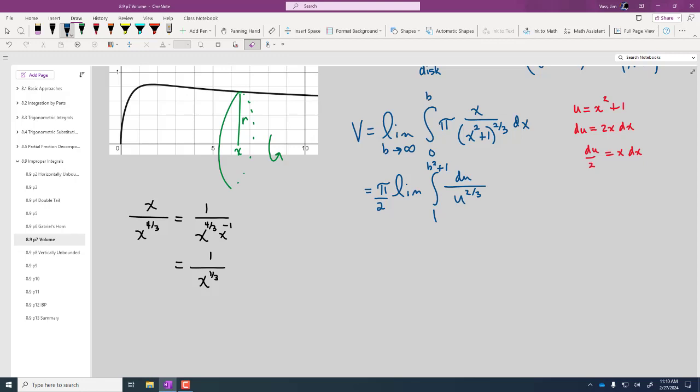Okay, so now we're in that old scenario where we have a power down in the denominator. We move it up to the numerator so that we can use power rule. So we're going to have pi over 2 limit. And this is going to be the integral of u to the negative 2/3 du.